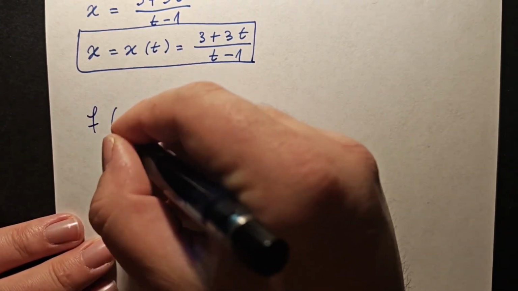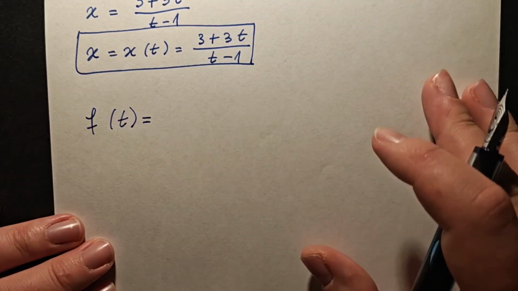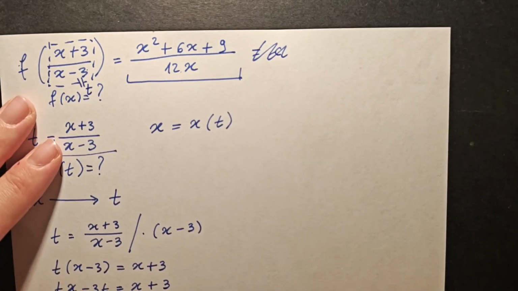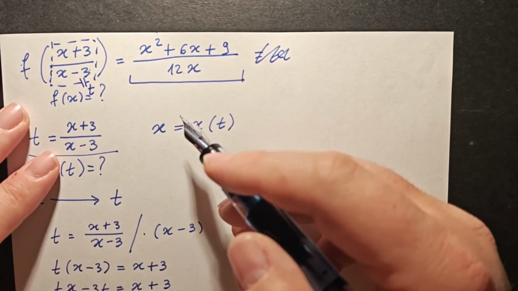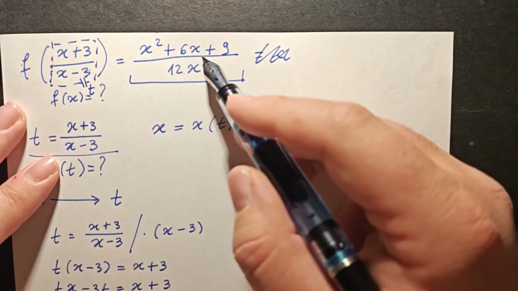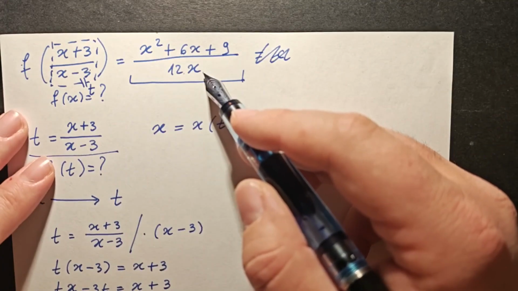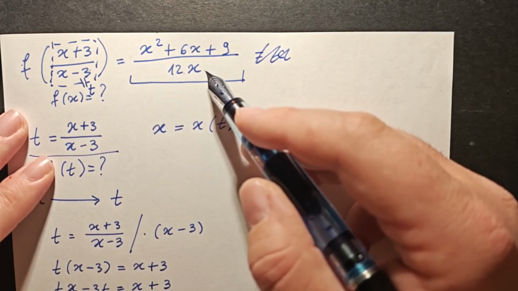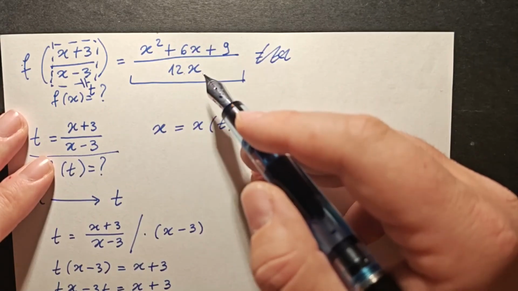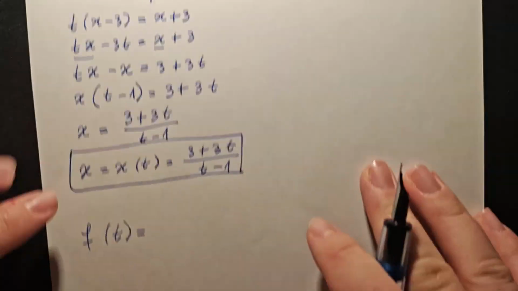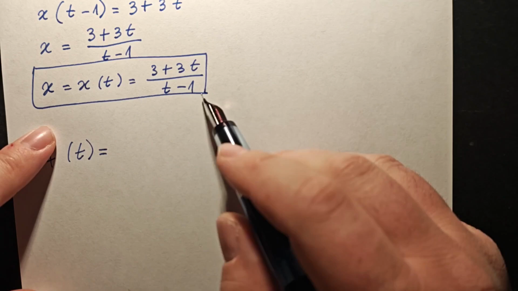f is taking the argument of t. What do we have on the right side of the equation? We have (x squared plus 6x plus 9) divided by 12x. And here we are going to plug in the expression for x in terms of t. This expression right here.